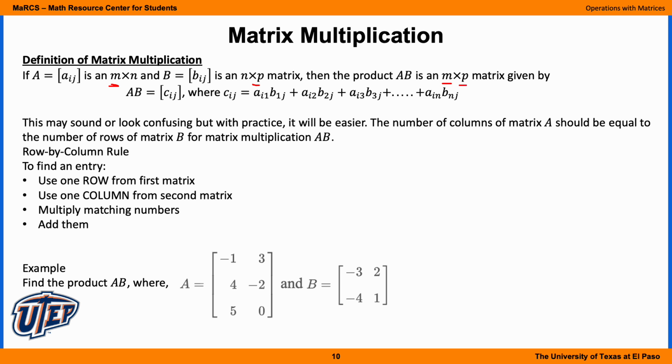Now here's the definition for how to compute each of the entries for A times B, but that may look confusing without practice, so we'll go over an example to define the process.